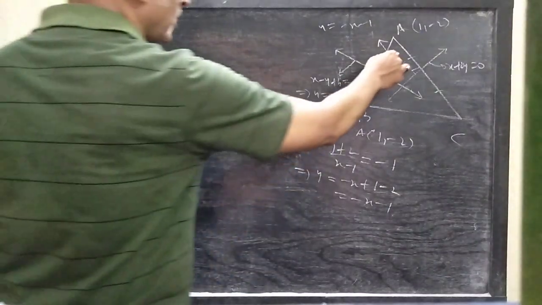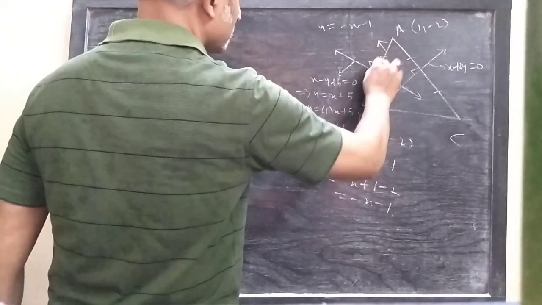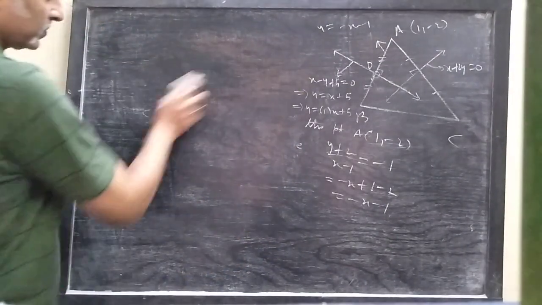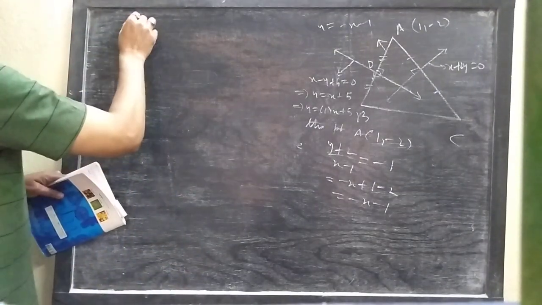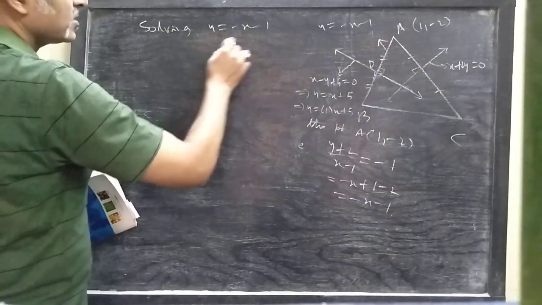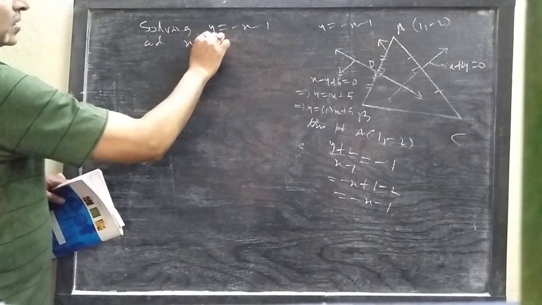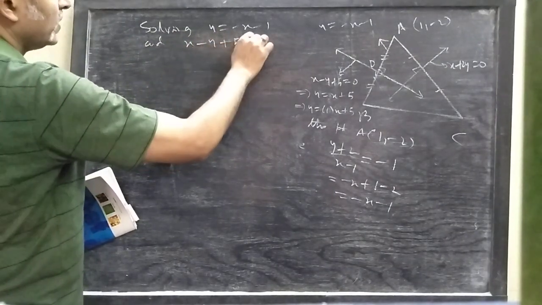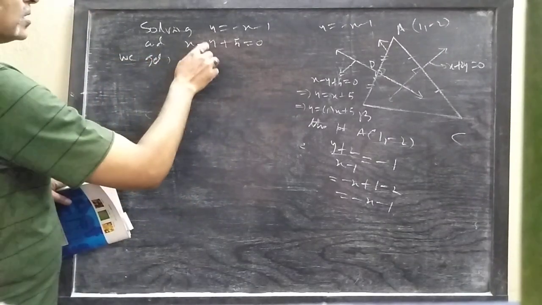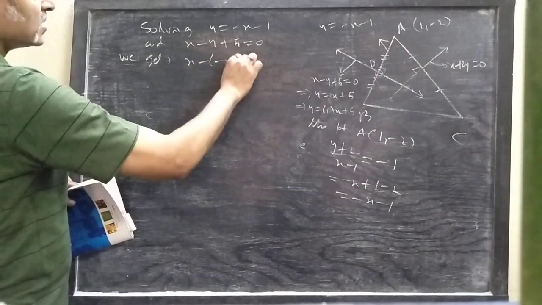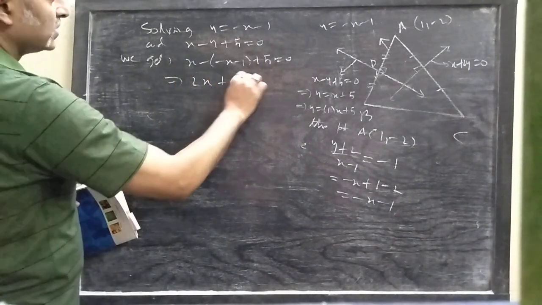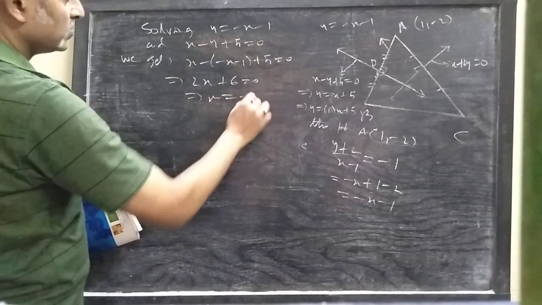Now if we solve these two lines, this and this, we get this point, say D. Solving y equals minus x minus 1 and x minus y plus 5 equals 0, we get x minus (minus x minus 1) plus 5 equals 0, so 2x plus 6 equals 0, so x equals minus 3.